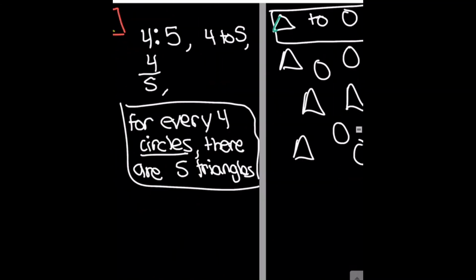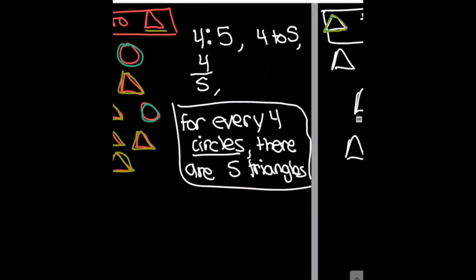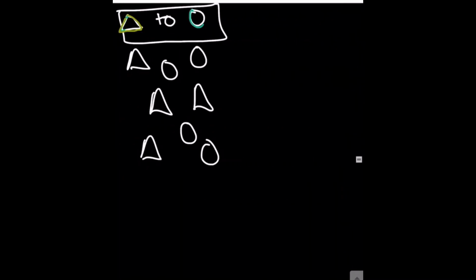Triangle was green, so let's do green, and circle I think was blue. Okay, now we have to count. This time they're asking for the triangle to be first, so we have to count the triangles first, and identify how many triangles there are before we identify how many circles there are.